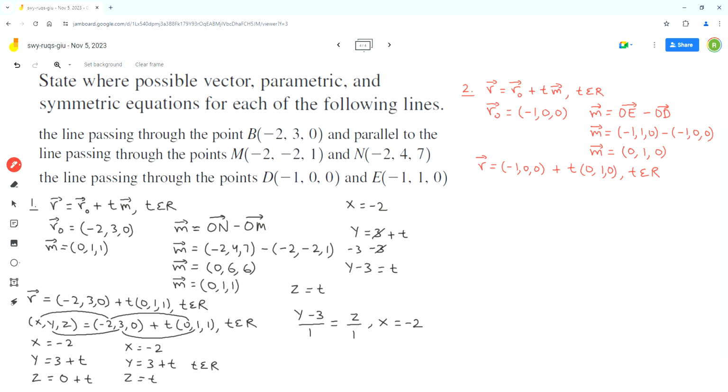Now we can use this vector equation to write the parametric equations. So for that, we'll use an unknown point x, y, z that lies on this line for the position vector r.